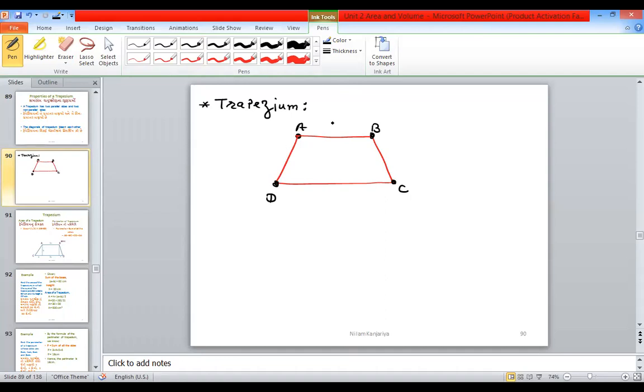Here the definition of the trapezium says AB is parallel to DC. These two sides are parallel. It doesn't mean the parallel sides are equal. Parallel sides need not be equal, but AB is parallel to CD. So these are the parallel sides.